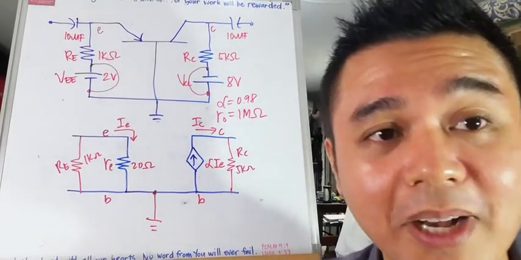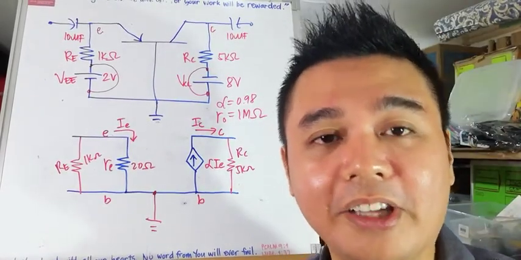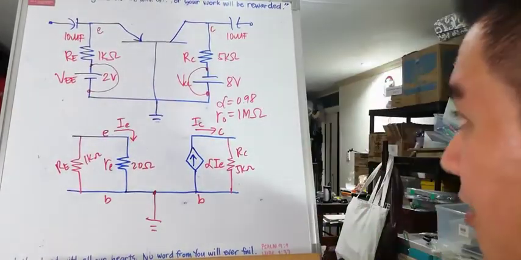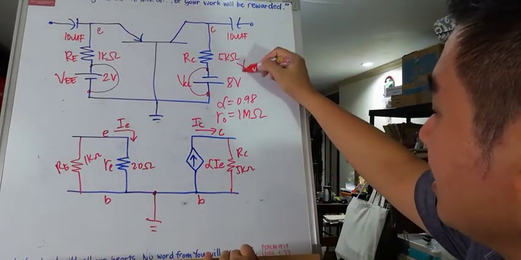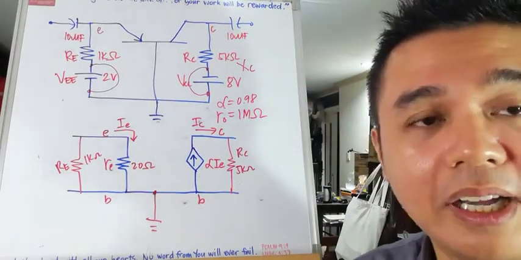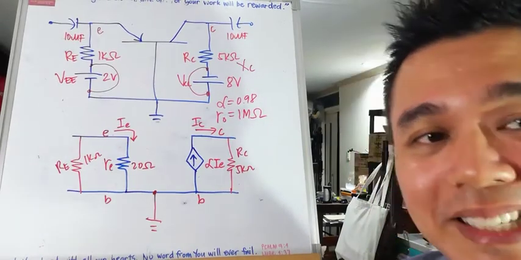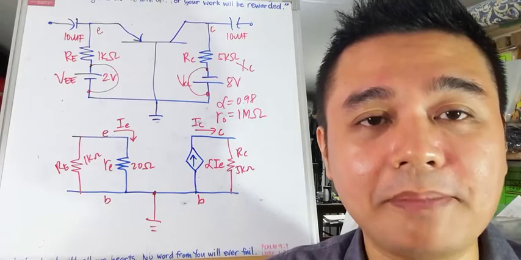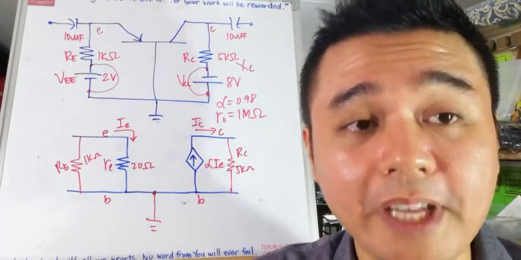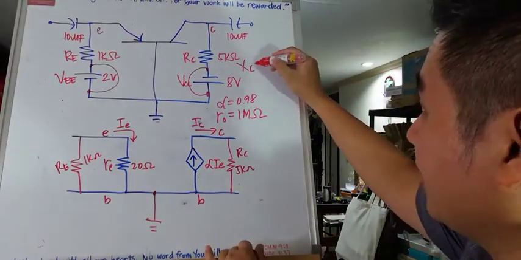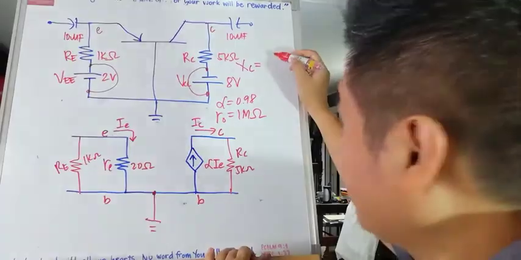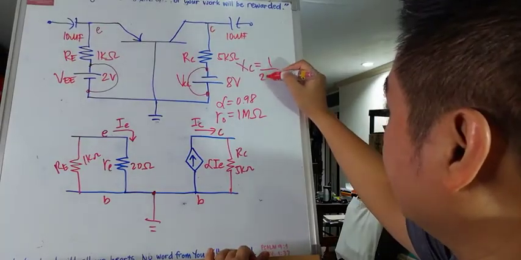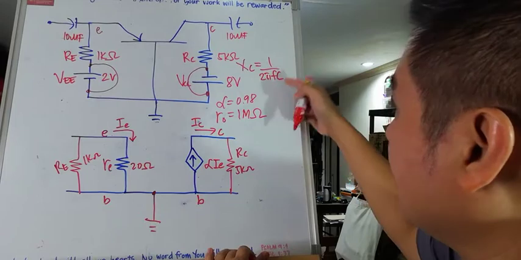Ano naman kaya mangyari doon sa mga capacitors natin under AC conditions? Remember, meron tayong tinatawag na X sub C or the capacitive reactance. Ito yung resistance or impedance ng mga capacitor. Now, this is dependent on the value of the frequency. So, ang equation natin dyan, pinag-aralan naman natin to before, no? 1 over 2 pi FC.